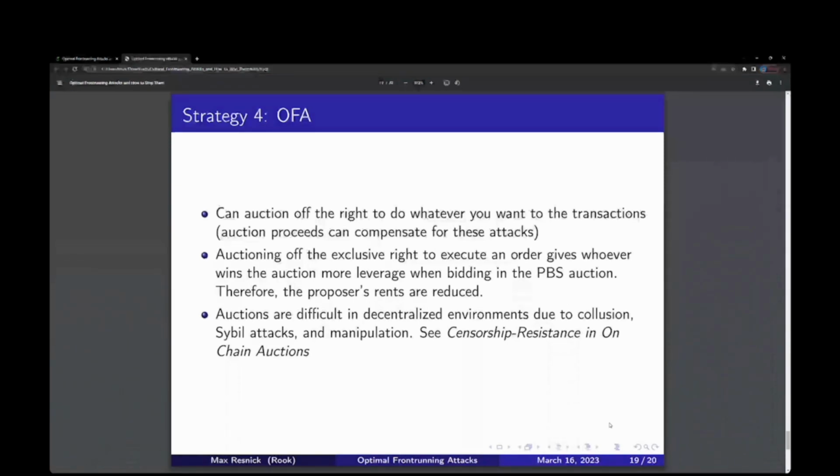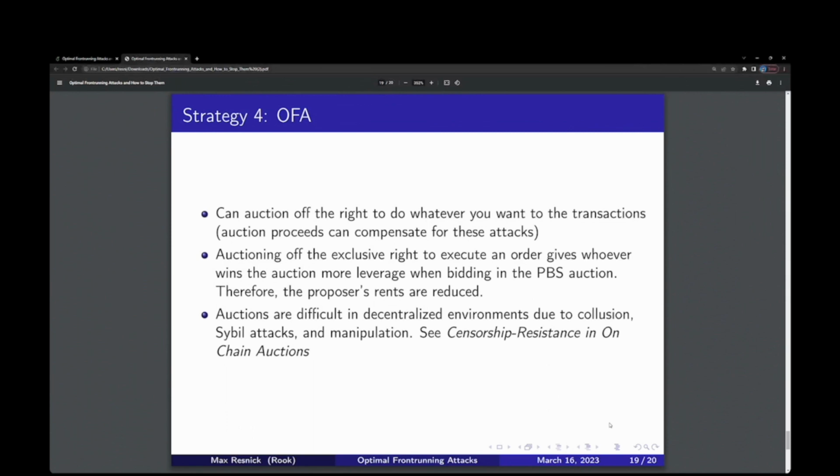The last thing, I think auctions are difficult in decentralized environments. These things right now look like a centralizing force. And part of it's because of the natural way that if you have private order flow, you have more leverage against the proposer in the PBS auction. And so there is probably going to be a centralizing situation going on where private order flow means more profits for builders.